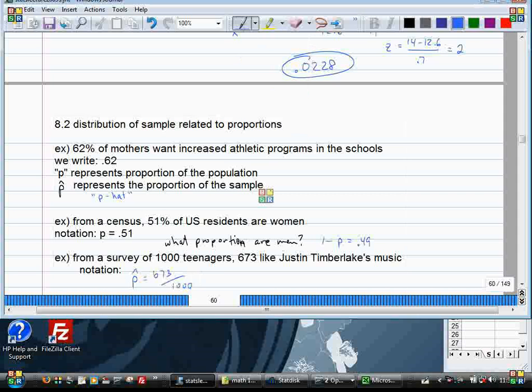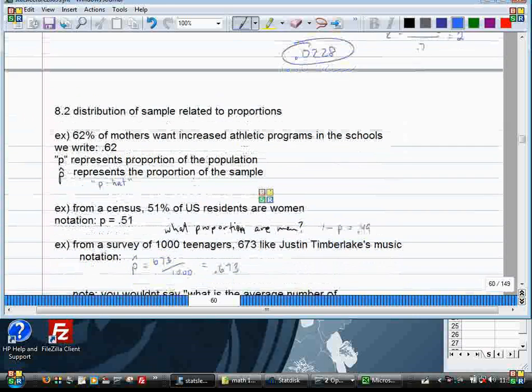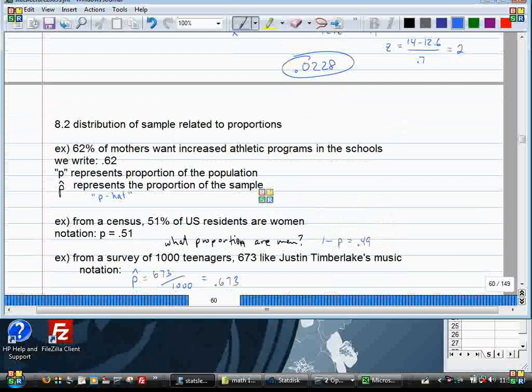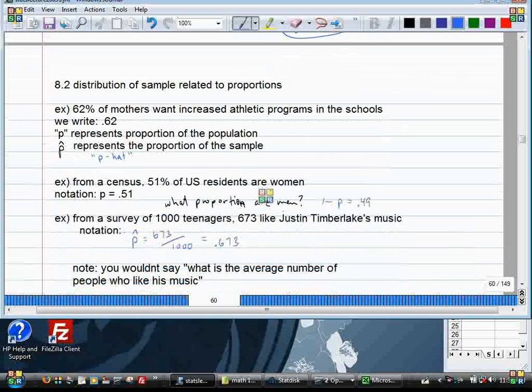673 out of 1,000. You just want to find the rest that don't like it, you would subtract it? That's funny, that's my next question. But I just want to point something out. When you write this down, you would never say 673, because it doesn't make sense to ask.